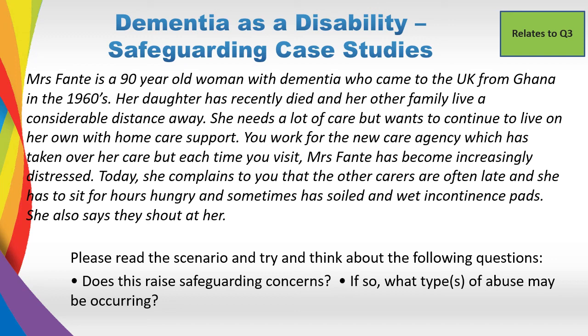Today she complains that you and the other carers are often late and she has to sit for hours hungry. Sometimes she is soiled and has wet incontinence pads. She also says that they shout at her. Does this raise safeguarding concerns, and if so, what type of abuse could be occurring?